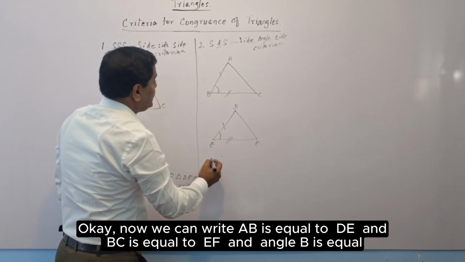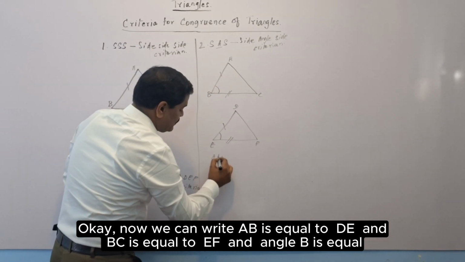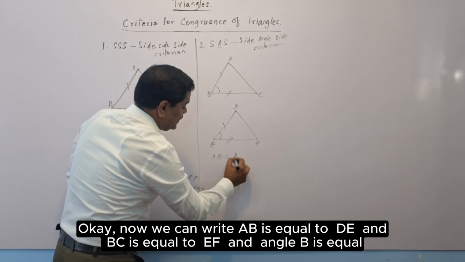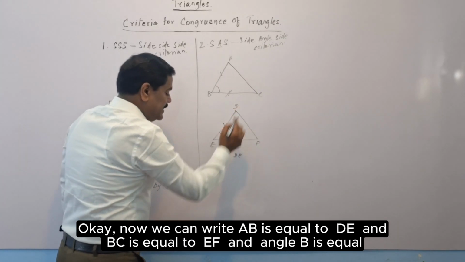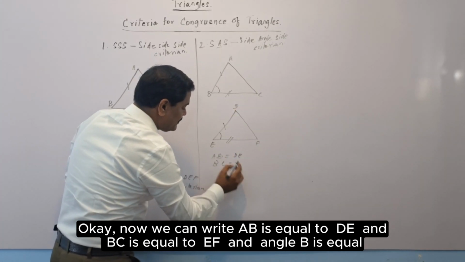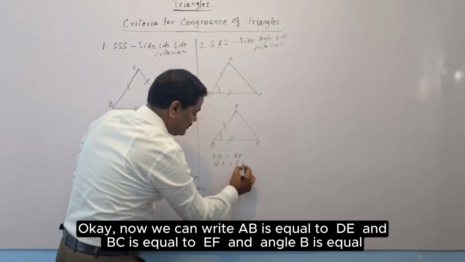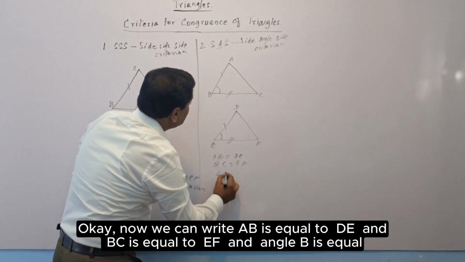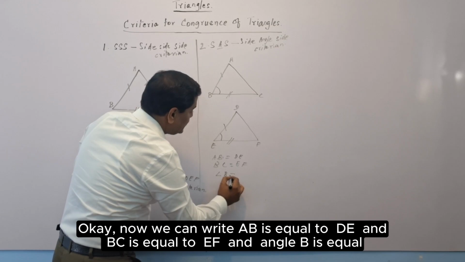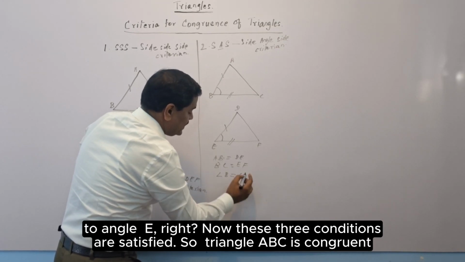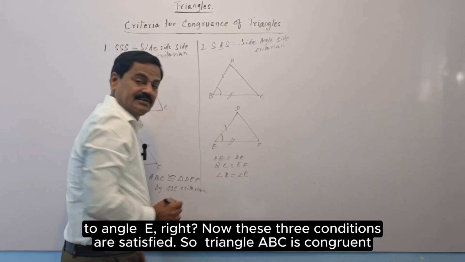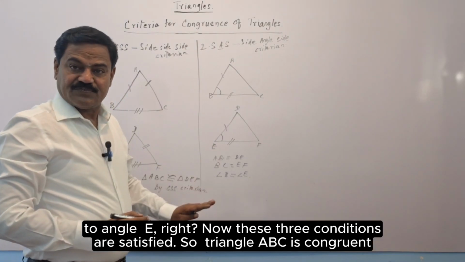Now we can write AB is equal to DE, BC is equal to EF, and angle B is equal to angle E. Now these three conditions are satisfied.